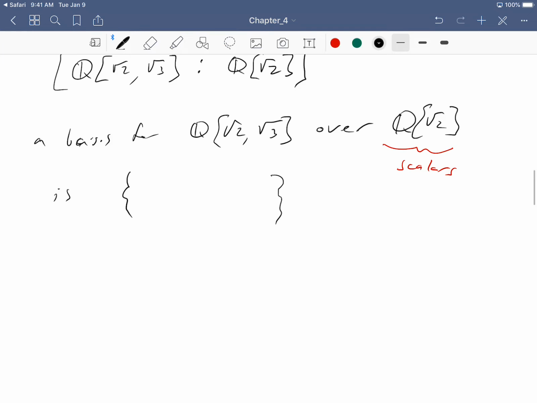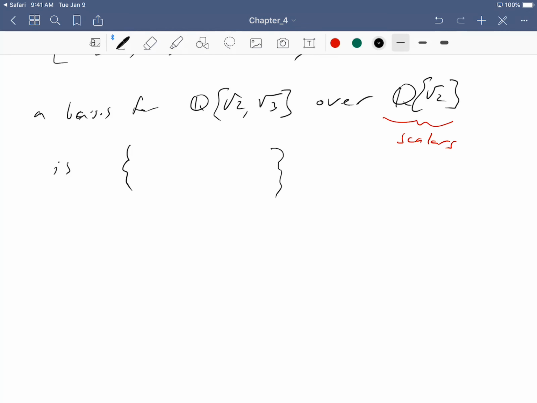We're going to write down our basis once we've figured it out. But what we're thinking about is a generic element of our set is a plus b root 2 plus c root 3 plus d root 6. And we again want to write it as a scalar times a vector, scalar times a vector, and we need to do that as many times as we need to. That's going to tell us the size of our basis if we do this smartly.